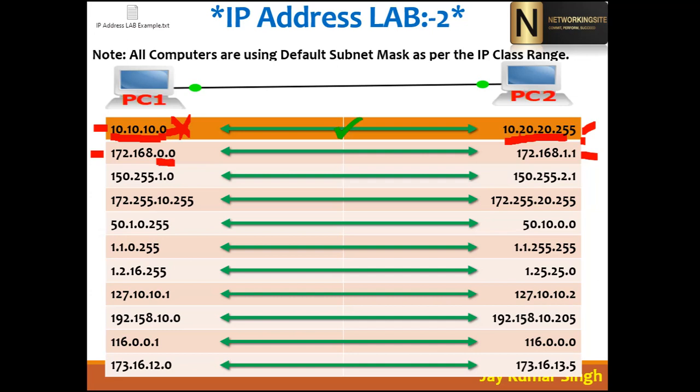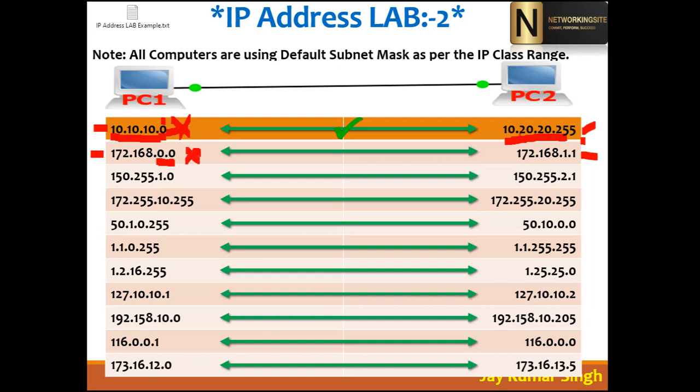In class A we have three host parts, so when only one is zero, no problem. But in class B we have two host parts and both host parts are zero. That's why this IP is invalid.